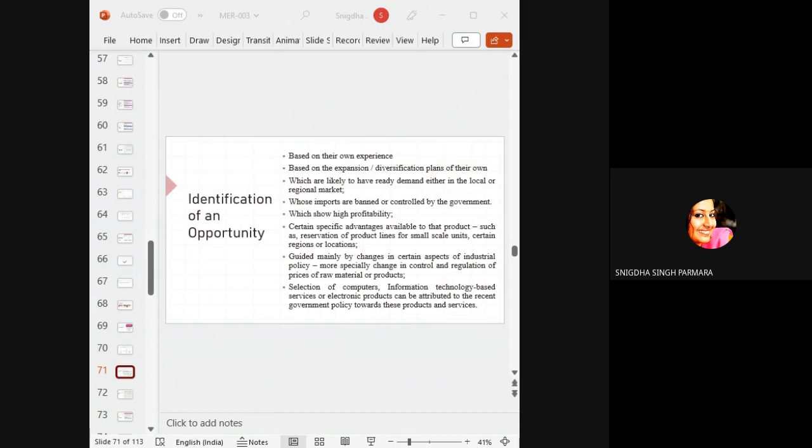Something might click for you where you see high profitability. You may find an opportunity derived from certain aspects of industrial policy, or through other technology based experiences.